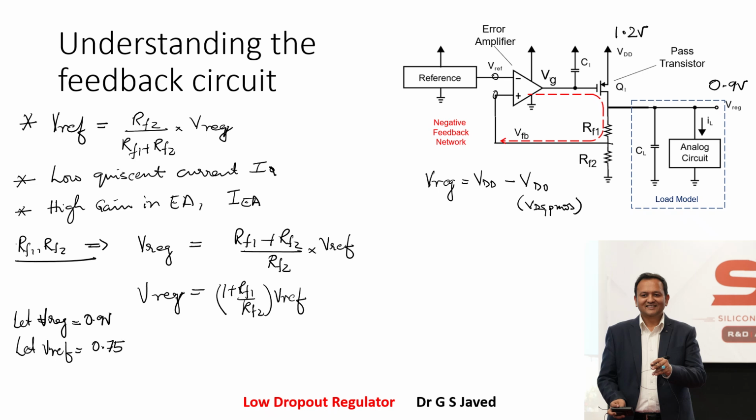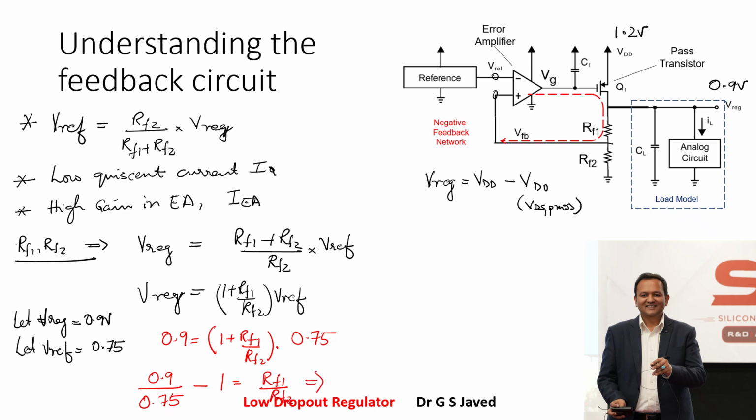Okay. Now with this you can set and obtain your Rf1 by Rf2 value. Let us substitute the values here. We get Vreg, which is 0.9, equal to 1 plus Rf1 by Rf2, times your Vref value. Vref is 0.75. If you simplify, it is 0.9 divided by 0.75 minus 1 equal to Rf1 by Rf2.